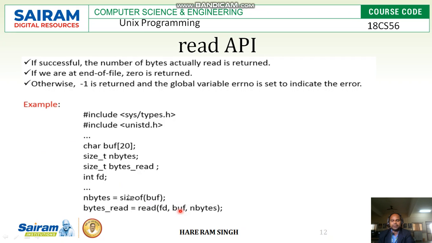Now sizeof(buffer), that value I assign to nbytes, because buffer holds the address from where the data need to be read. So read(fd, buffer, nbytes). nbytes is nothing but how many bytes of data need to be read.